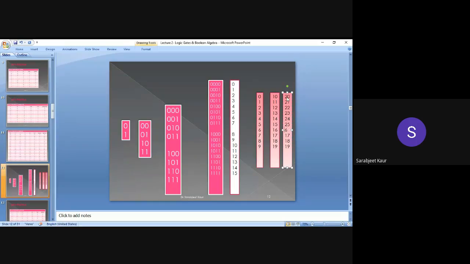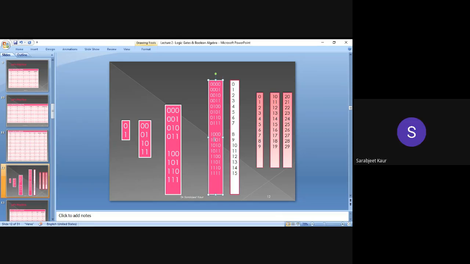Is this clearer now? Yes, ma'am. Any problem, students? No, ma'am. So you can see that similarly, we can extend this concept. When we are dealing with 5-digit numbers, how many numbers am I going to have with 5 bits? 32.